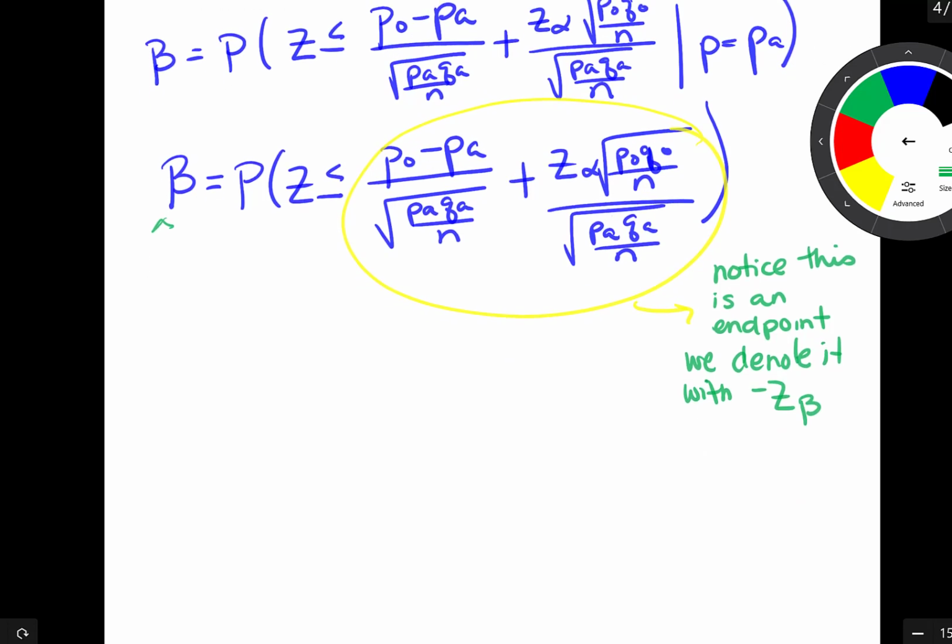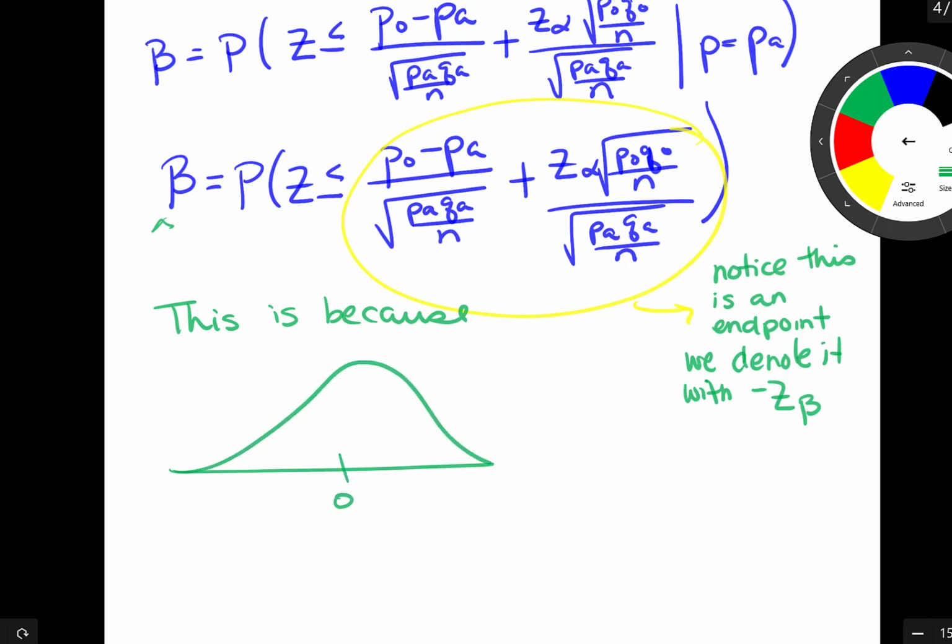And again, this is because of the following. If we redraw our picture here, we have 0, a negative Z beta, and a positive Z beta. What we're saying is we have beta area here.